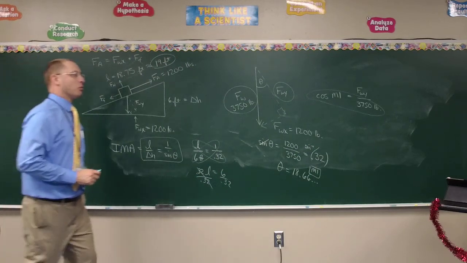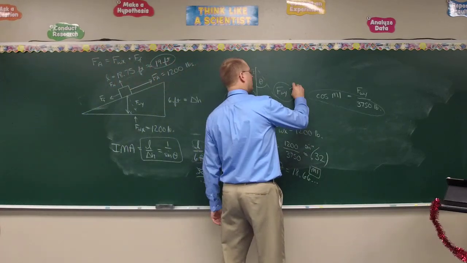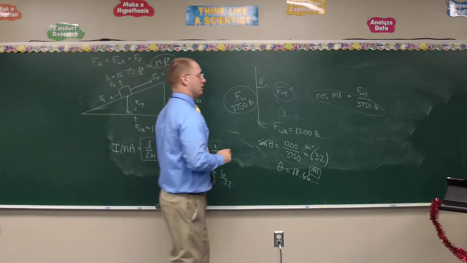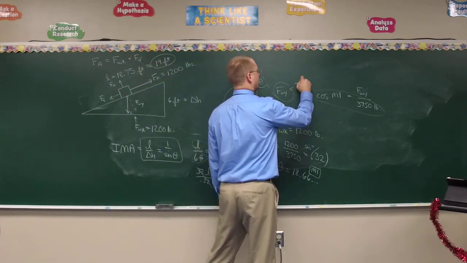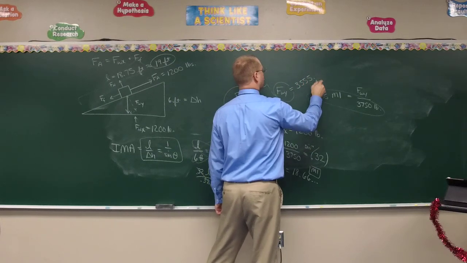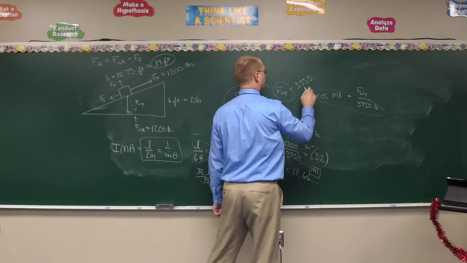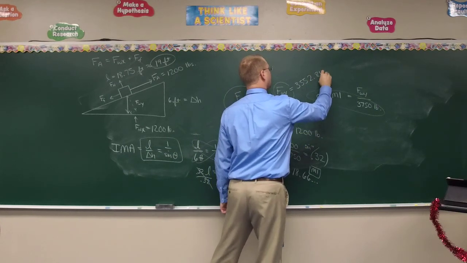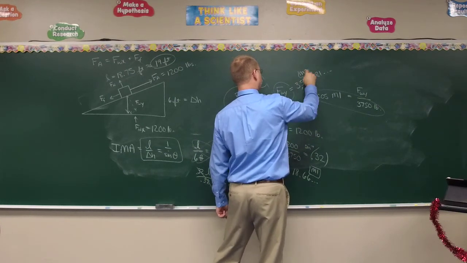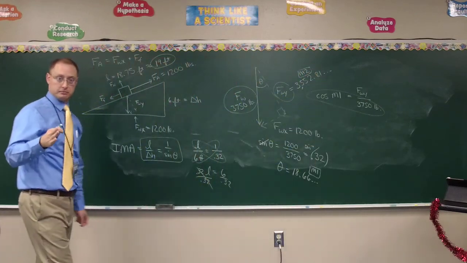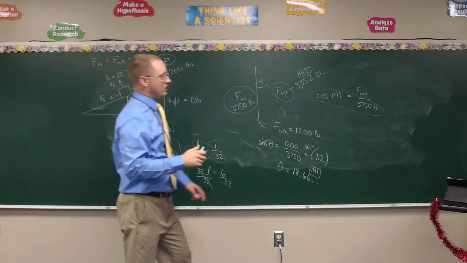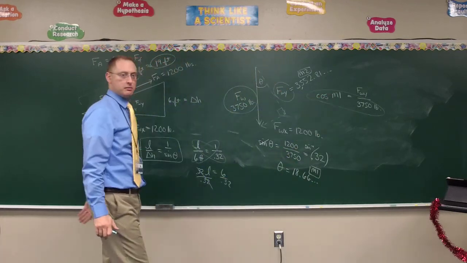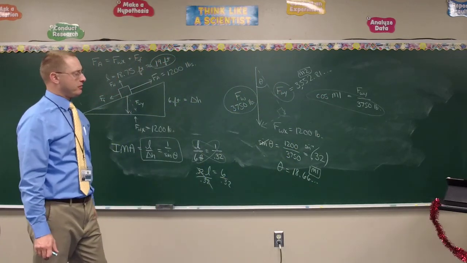And how much weight in the y is there? 3,552.81, blah, blah, blah. Put that in memory too. Did you get the same thing? Take the cosine of the memory value, cosine of 18.66, blah, blah, blah. Multiply that by 3750.